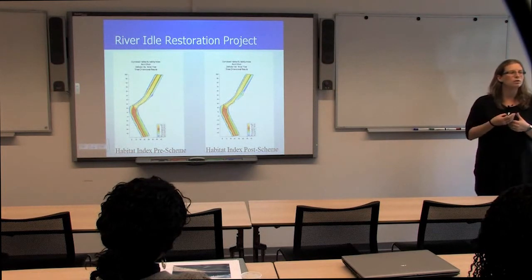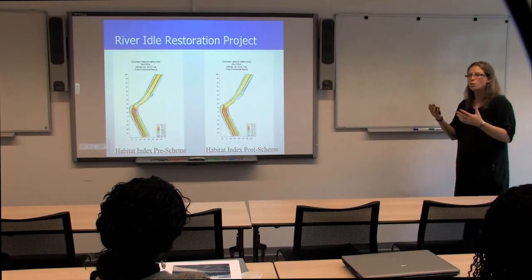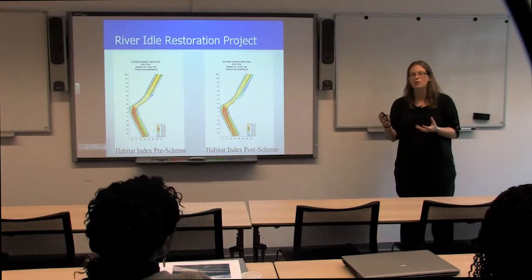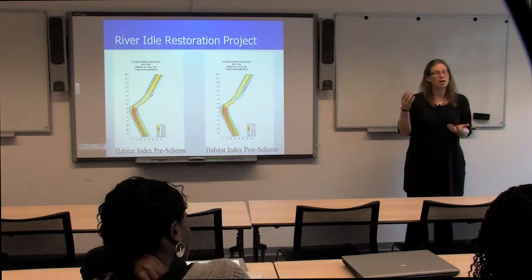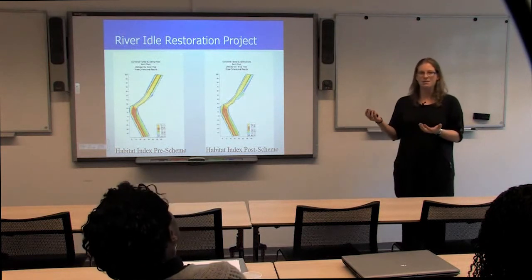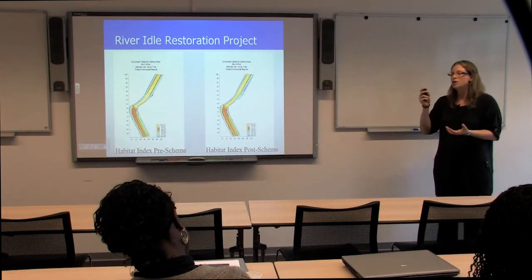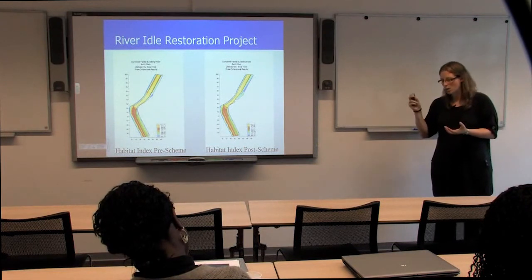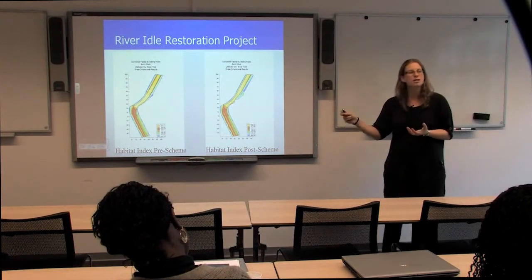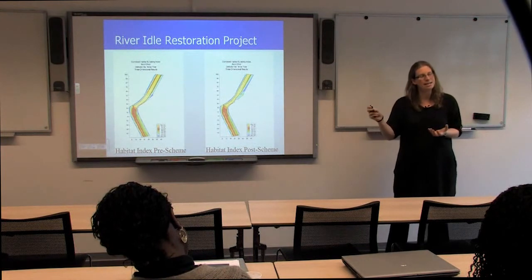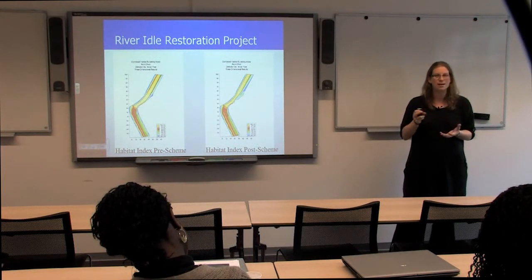So you can use the models to show exactly what you want, or exactly what the fish biologists tell you is needed from a habitat perspective. So it can be quite a powerful tool, but only if you link it to what you understand from the ecologist is needed from the habitat. Does that make sense?